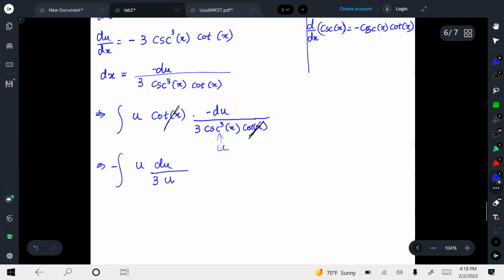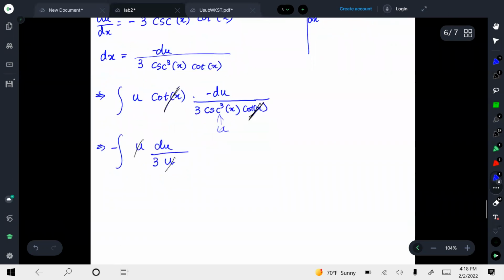Okay. Now what happens? These two get cancelled, and what do you get as the final answer? In the final integral, you get negative 1 over 3. You can keep it inside or outside. That doesn't matter. Okay, into du. Got it? Now, what is the integral of a constant? That is going to be negative u.